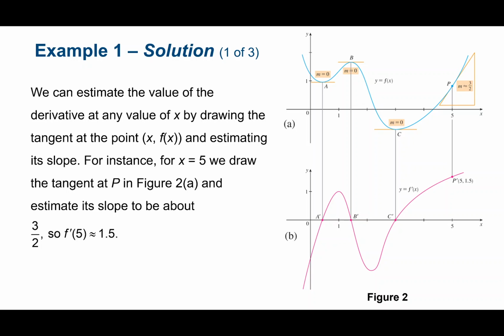Something else the textbook suggests is that we just pick some x value, and we can estimate what the slope of the tangent line is going to be on our original function. So here they picked 5 as the x value, and they've estimated the slope of the tangent line there is about 3/2, or about 1/2.